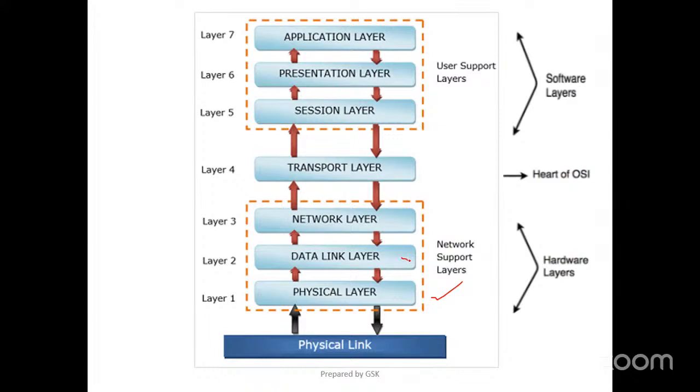Second layer name is data link layer. You must remember each and every point here. At least first, you must remember the names of all layers. That is compulsory. Physical layer, data link layer, network layer, transport layer, session layer, presentation layer, application layer. These are the 7 layers.